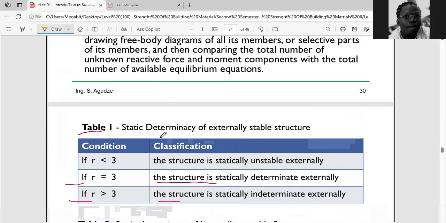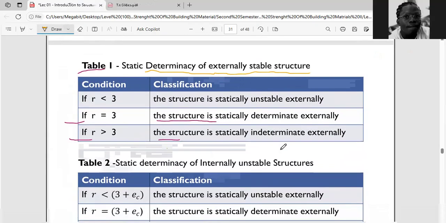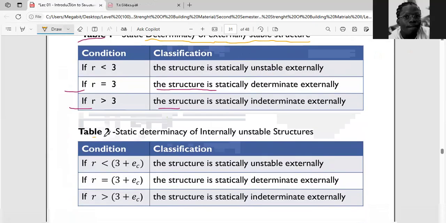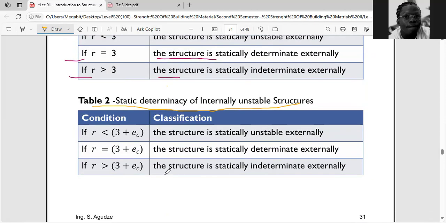You realize that table 1 was all about static determinacy of externally stable structures, but table 2 is all about static determinacy of internally unstable structures. Good. The first column is the condition, and the second column is the classification.